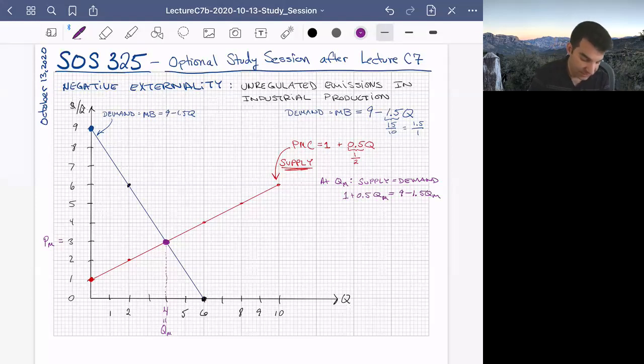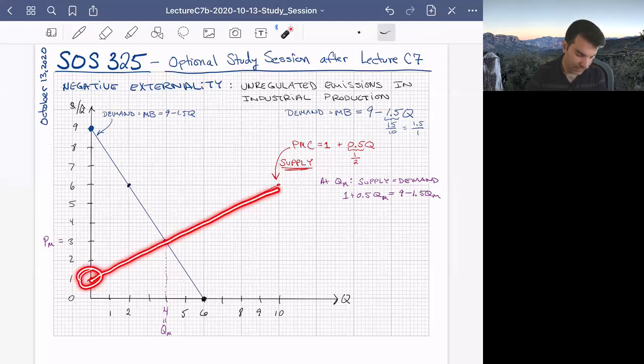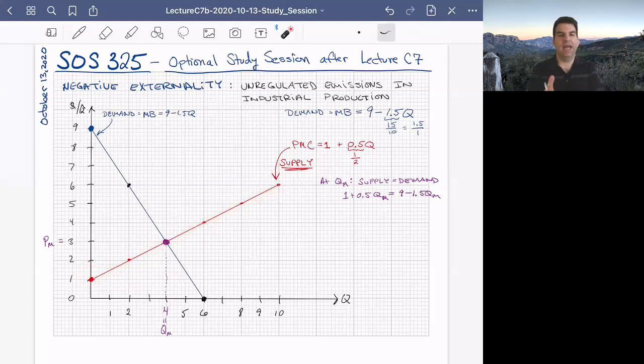And just as an interpretation, I've made this supply curve start at a non-zero value, and what that basically means is that even when we have 0 units of the good being in production, somehow there's still a cost to that.